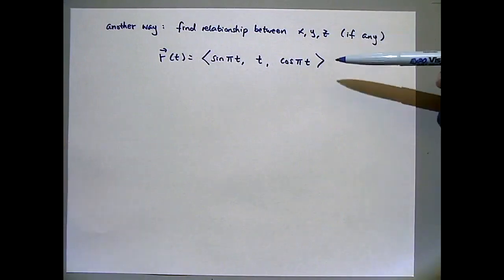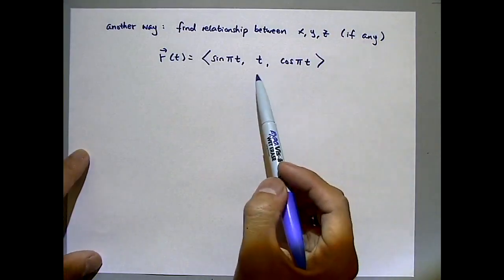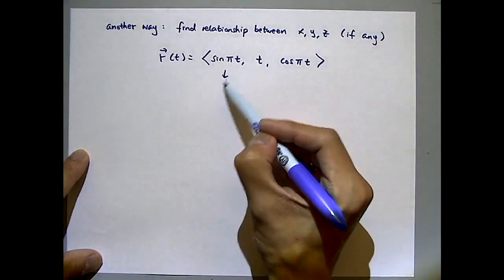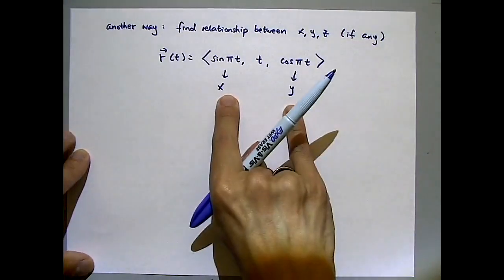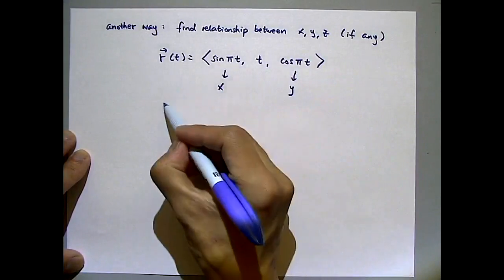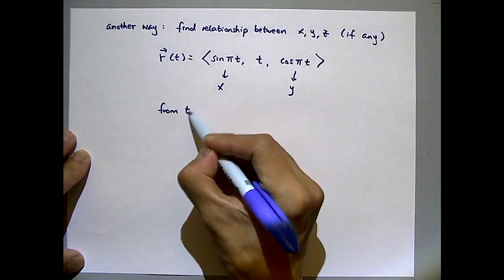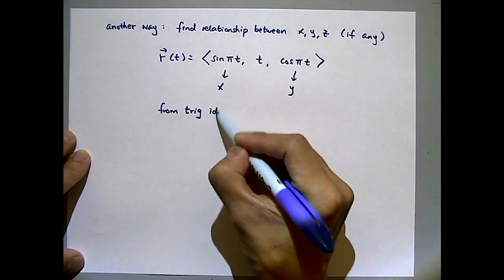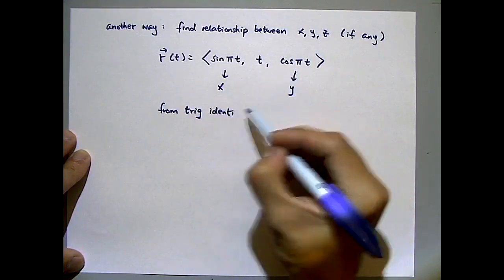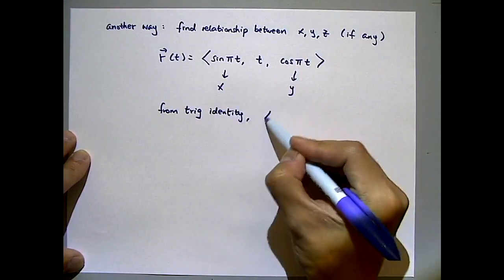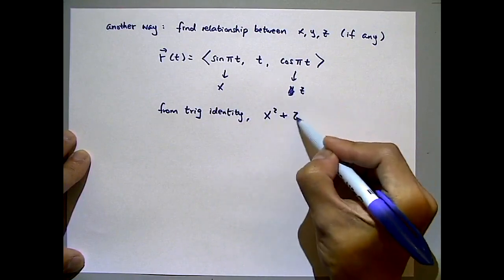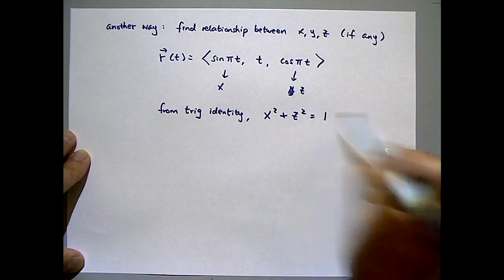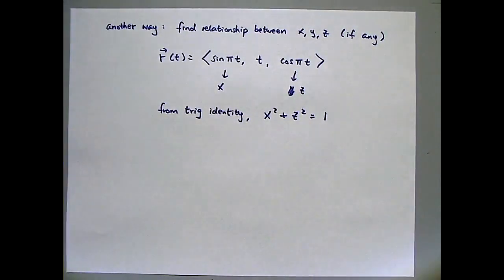All right, so here's the curve we have. Ignore y for the moment. We know from basic trig identity that x squared plus z squared is equal to 1, for any value of t.